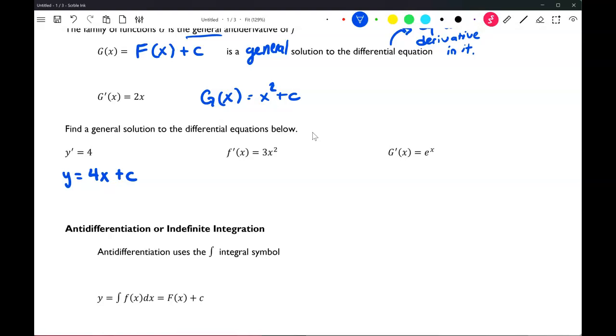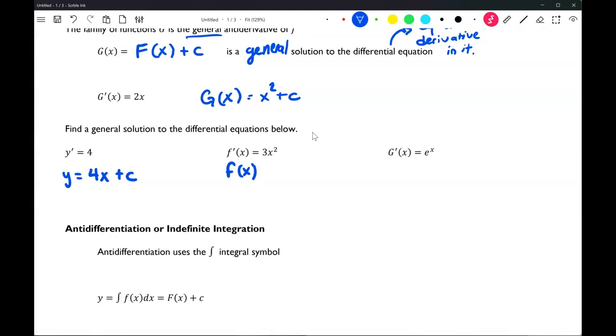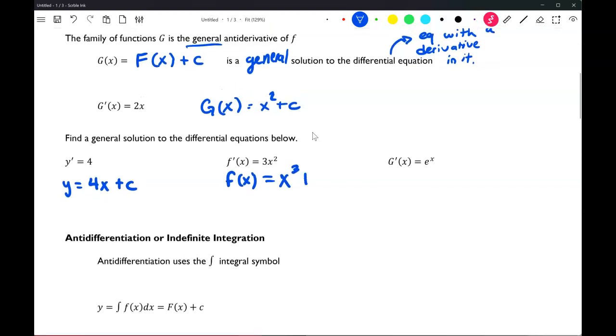So how do we solve f prime of x equals 3x squared? Well, we take the antiderivative. The antiderivative of f prime is f of x. And what function has a derivative that is 3x squared? Well, the exponent has to go up. The number in front deals with that exponent. I think we're getting x cubed plus c.